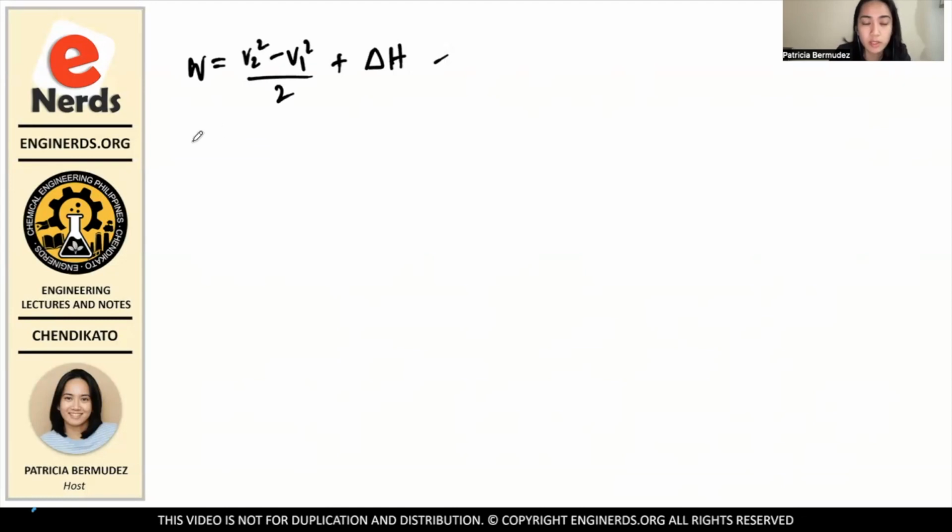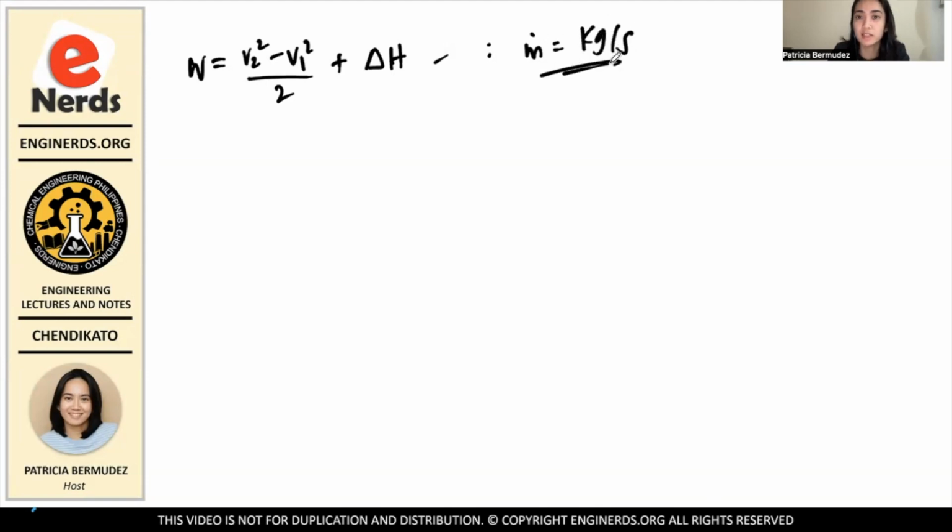And later we're going to notice that our units are a little bit inconsistent, but it's okay kasi from there we can find the mass flow rate. And ang goal natin here is to find the mass flow rate, which has units of kilogram per second.